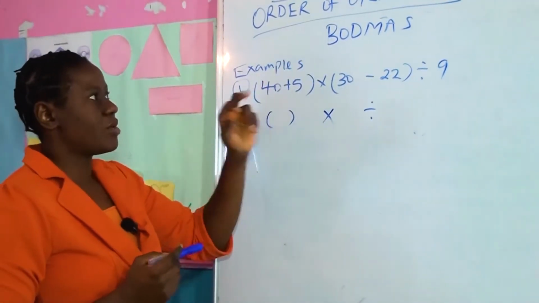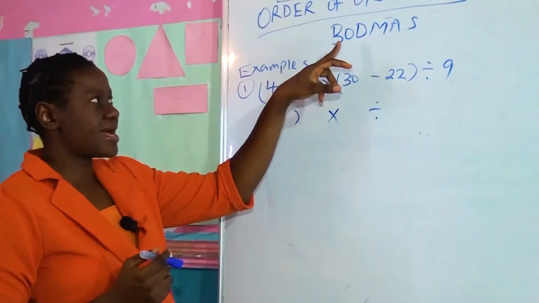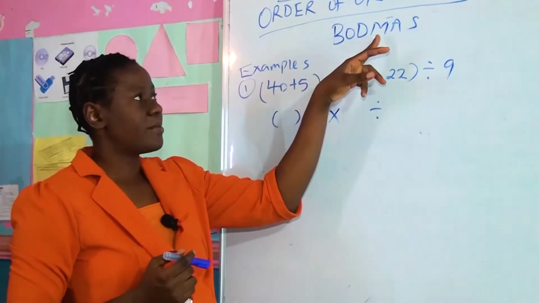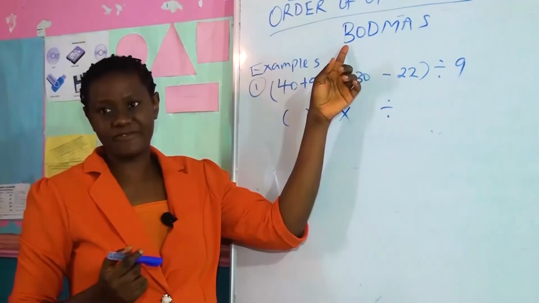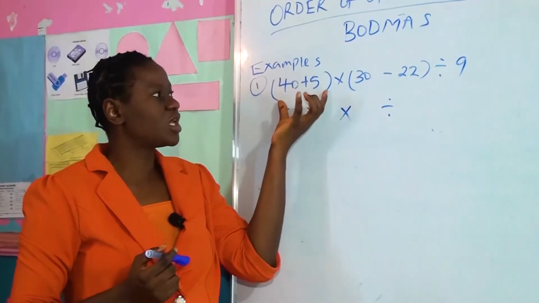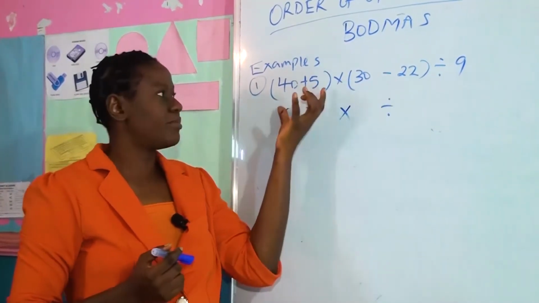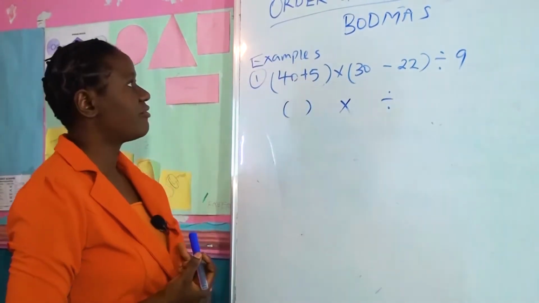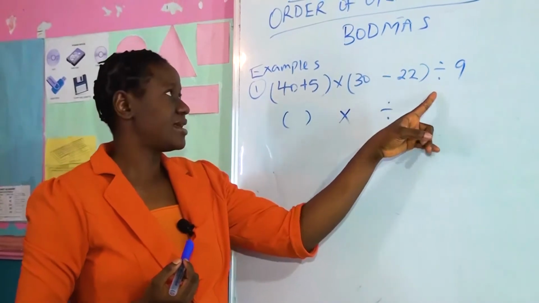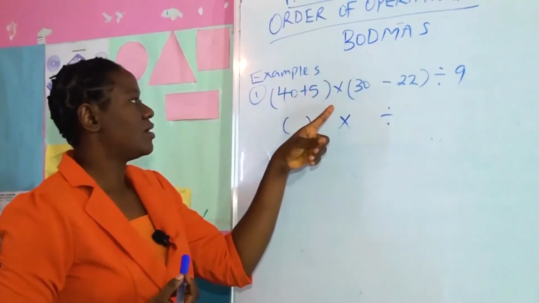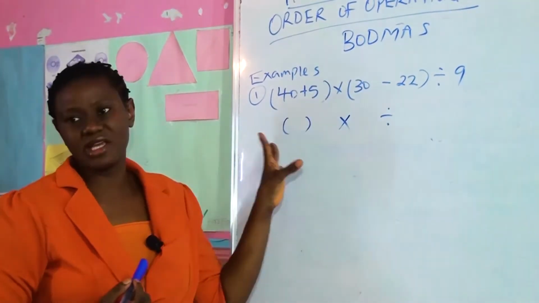From BODMAS, remember brackets, of, division, multiplication, addition, and subtraction. Brackets comes first. That means we have to deal with what is in the brackets first, then followed by division. Division comes next, and multiplication last from this given question.